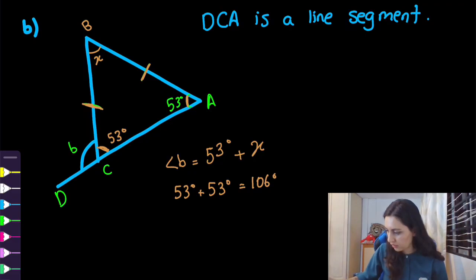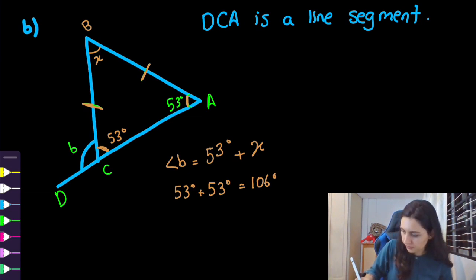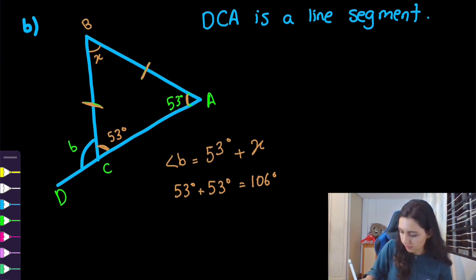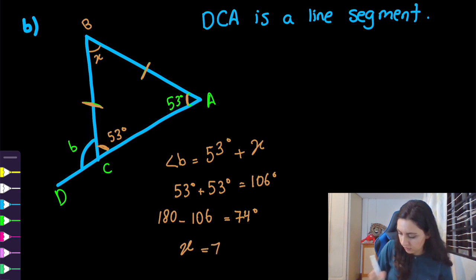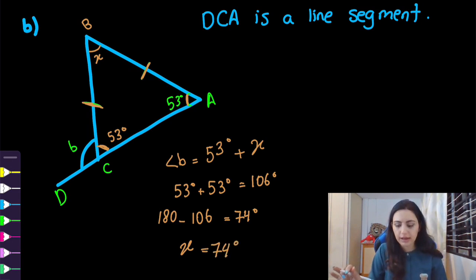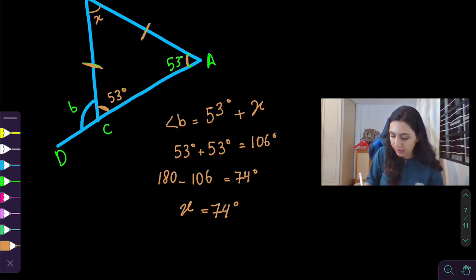And then we say 180 minus 106, we get 74. Okay, so angle X, or just X, is also 74. We didn't need that. I just wanted to find it for you. But how do we find angle B?